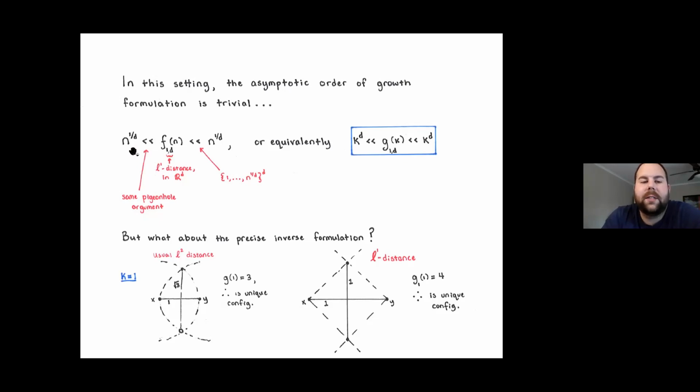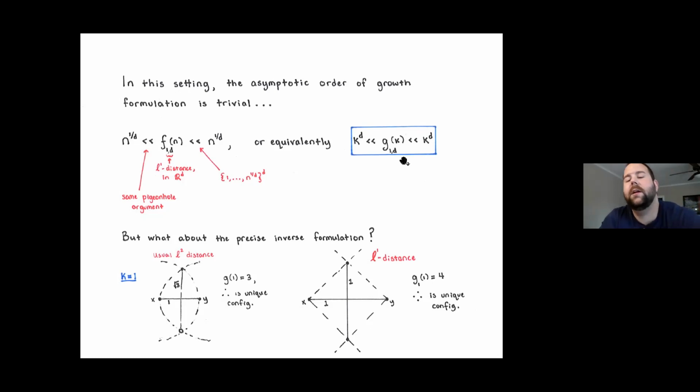Meanwhile, on the other side, the same pigeonhole argument that Erdős used for the usual distance still works in the L1 context. So you actually have the same order of growth on both sides. The integer lattice actually achieves the same order of growth that you get on the other side from the pigeonhole argument.